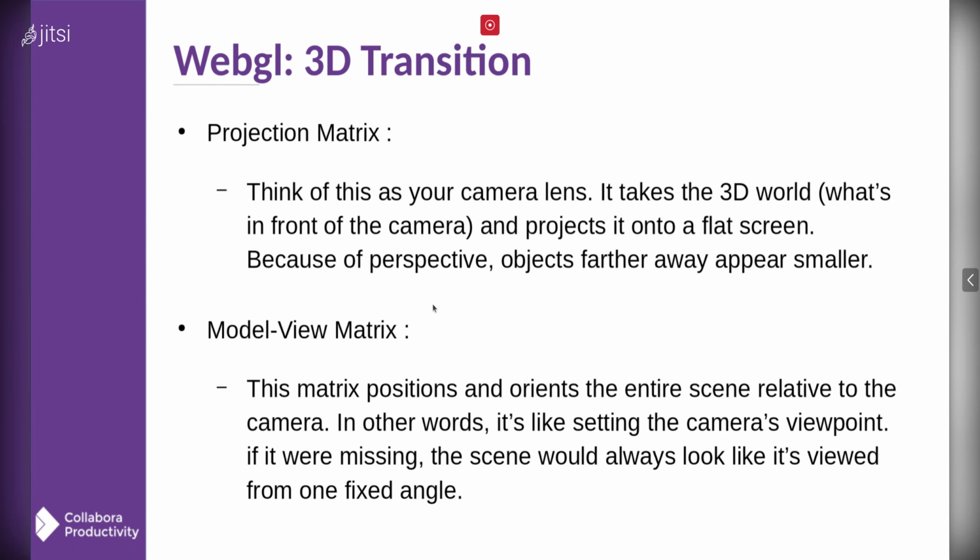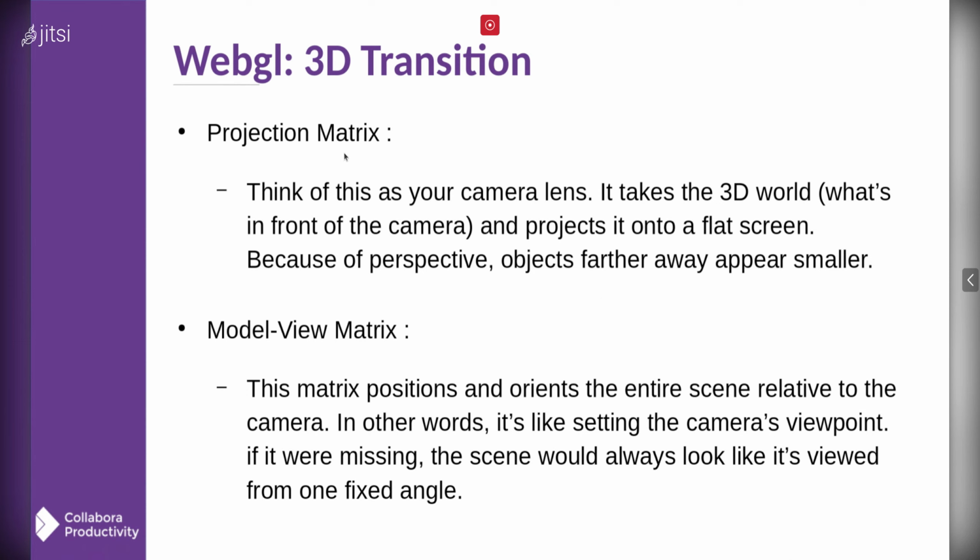Think of the projection matrix as your camera lens. It takes the 3D world in front of your camera and projects it onto the flat screen, because with perspective, objects further away appear smaller. A good example is people standing in a queue: from the side you see that farther objects look smaller and keep getting smaller as they go further.